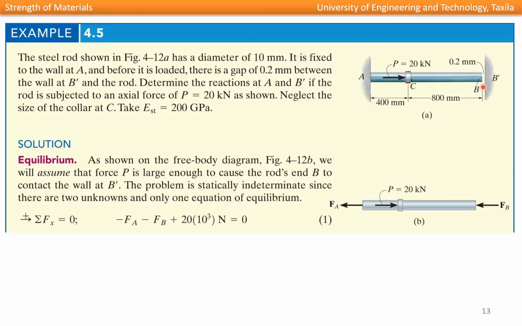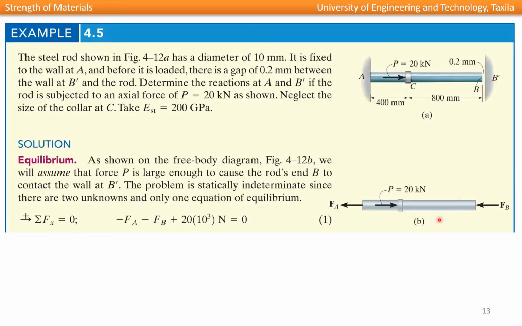It can only move by 0.2 millimeter to fill the gap. But after 0.2 millimeter displacement, this end will come in contact with the wall and it will not further allow it to displace towards right. In other words, it will provide a reaction in this direction to resist the displacement of this end.